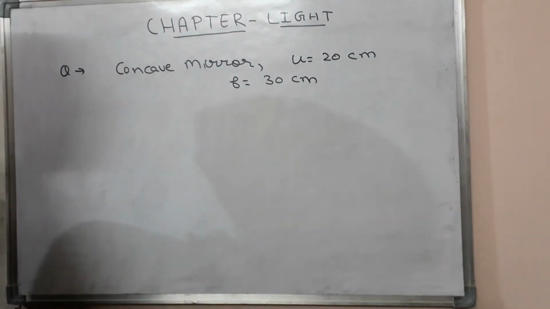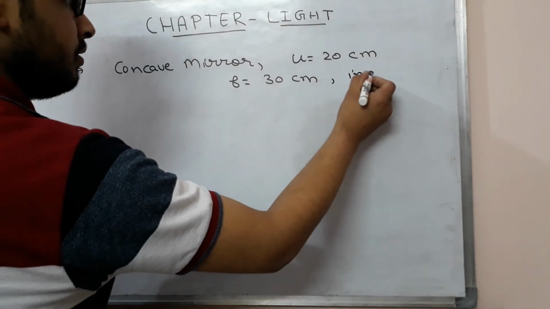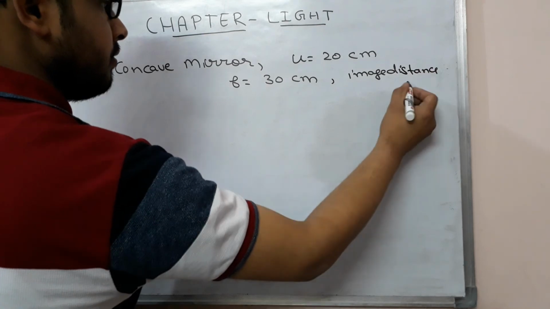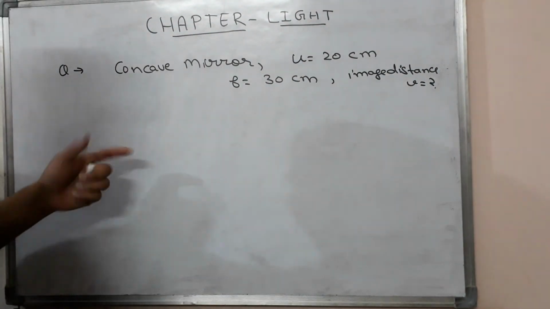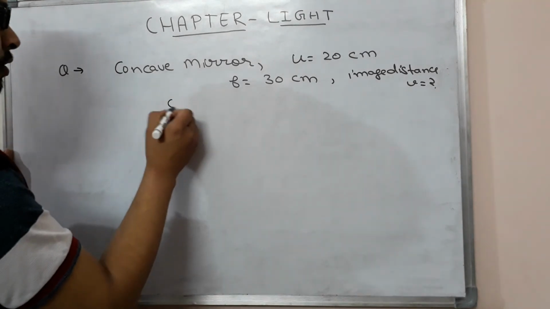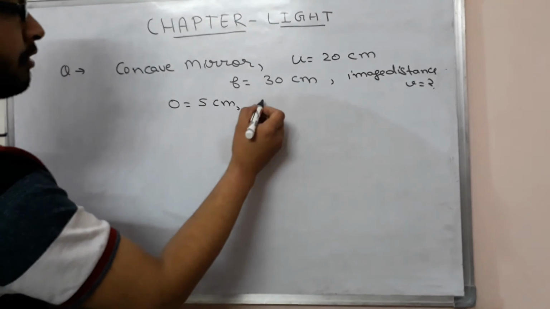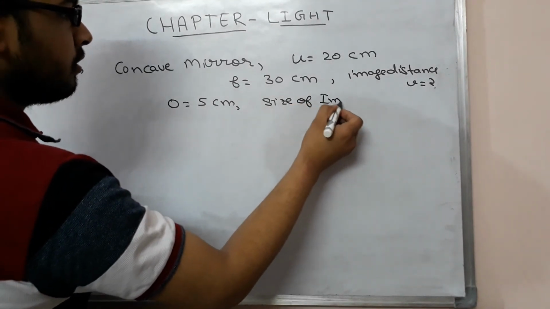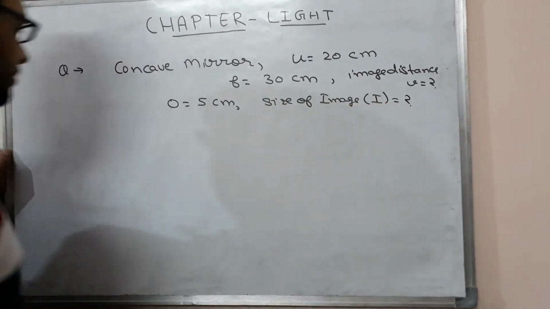We have to calculate the image distance, that is, we have to find v. Suppose the size of the object O is given as 5 centimeter. We have to calculate the size of the image.